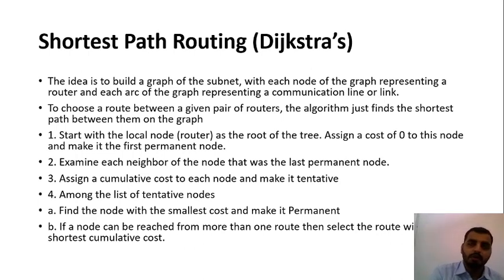The direct cab fare from Mehdipatnam to Charminar is 150 rupees. If you go from Mehdipatnam to Nampalli, and from Nampalli to Charminar, it costs approximately 80 rupees. So what is the shortest path that will be taken? The shortest path that will be taken is from Mehdipatnam to Nampalli, Nampalli to Charminar.